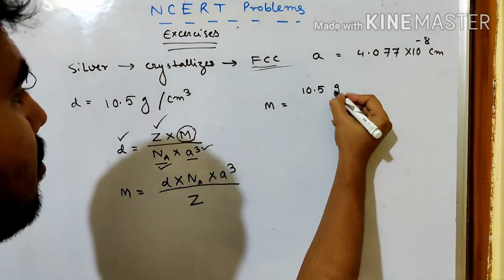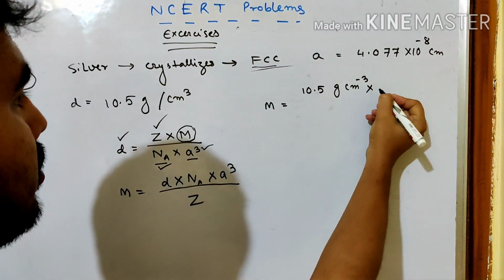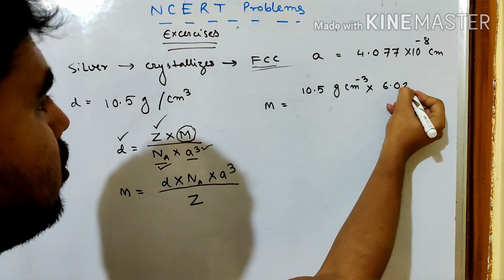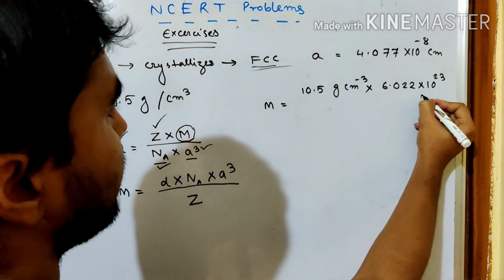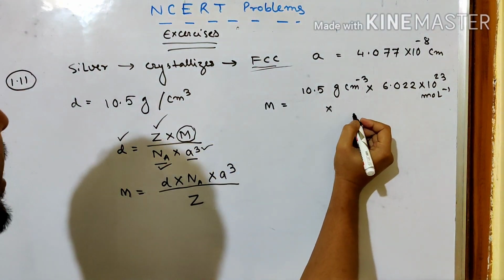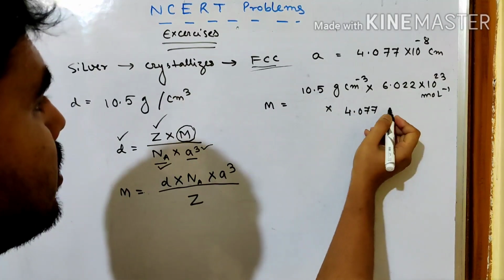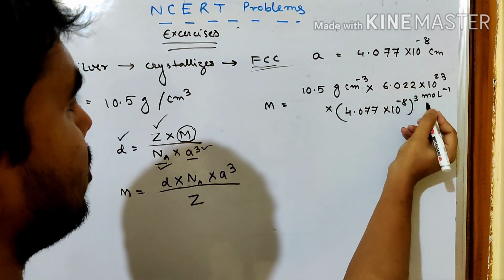It is gram per centimeter cube into NA, that is 6.022 into 10 to the power 23, obviously mole inverse, into A cube, that is 4.077 into 10 to the power minus 8 whole cube.